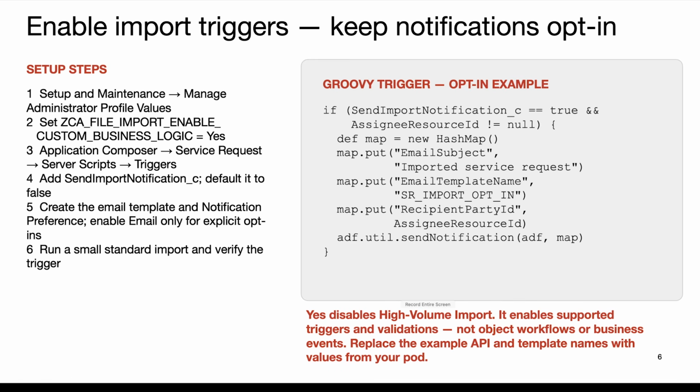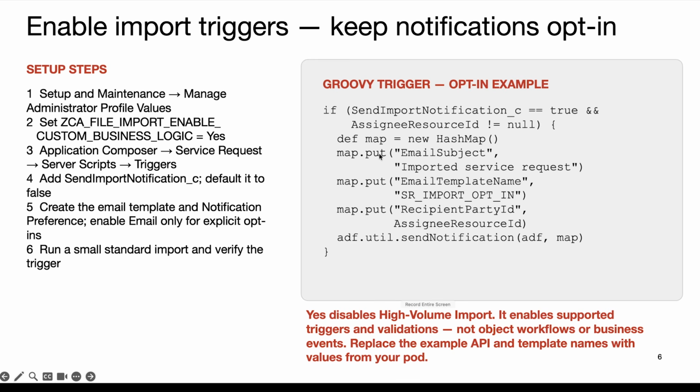So saying that checkbox is checked and there is someone assigned to the service request, then we're kicking in the trigger, which would be this def map. We're defining that we're mapping this to a package or a package set of instructions for an email trigger.